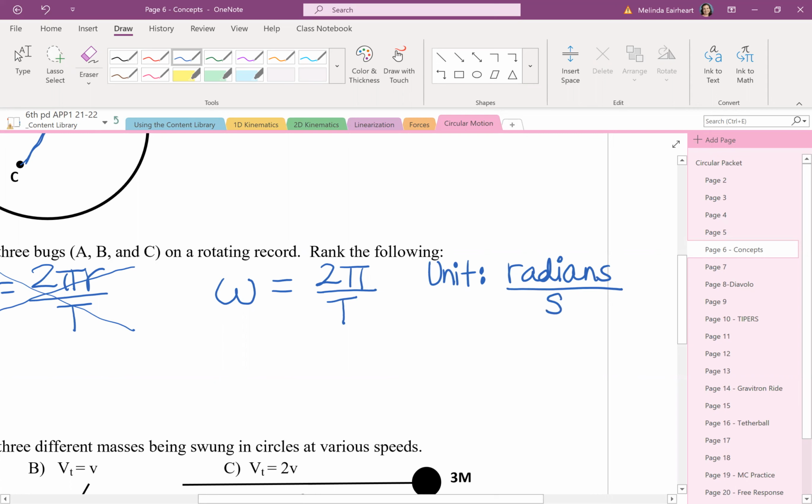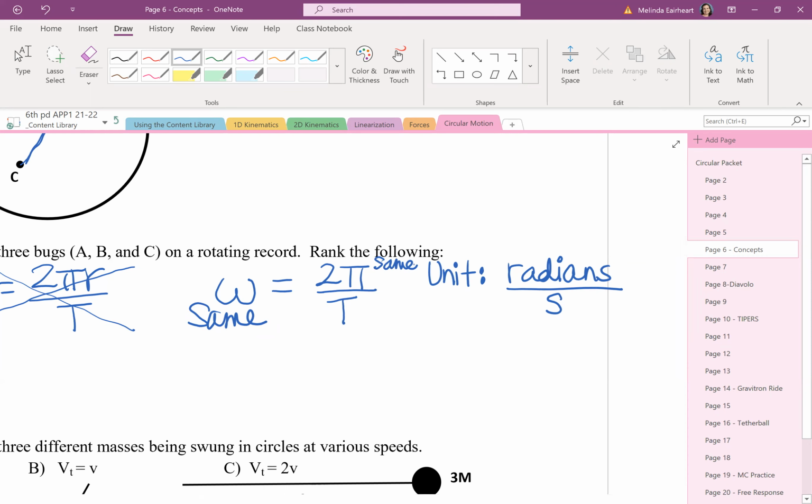And so recognizing that it doesn't matter where your bug is, assuming they all have grip to stay on the platform, which unless told otherwise, I think is a safe assumption, they'll all have the same angular speed. And if you just identify one circle, that can be the same for both. And so what is the period? You saw it with the two Santas.